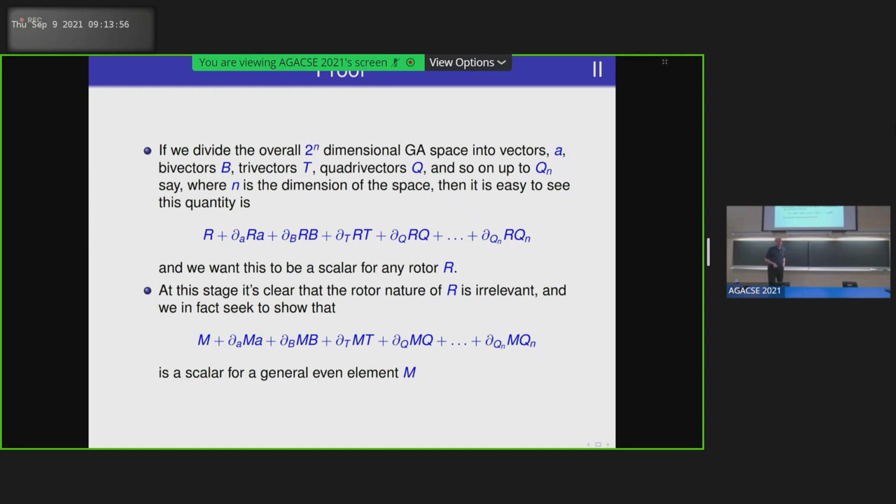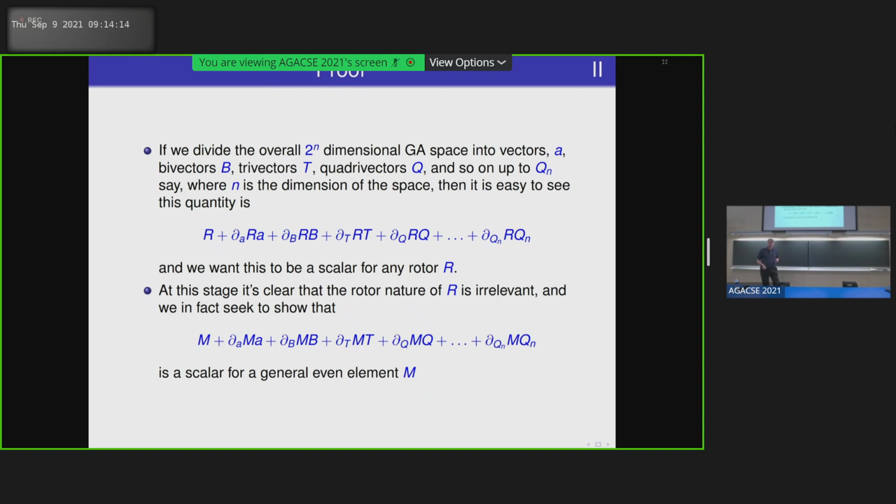Well, if we divide the overall 2 to the n dimensional space into vectors A, bivectors B, trivectors T, quadrivectors Q, and so on, up to some Q_n, say, where n is the dimension of space, it's easy to see that this quantity written down is in fact this thing here.